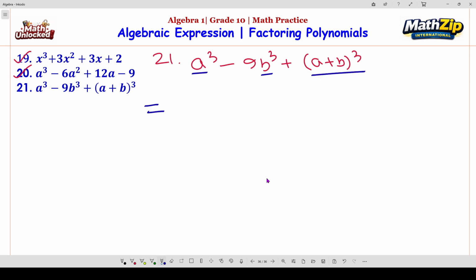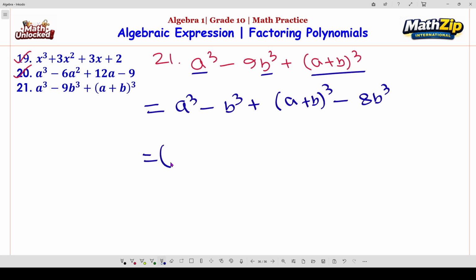So first we have to simplify this one. Like a cube minus b cube we can write, then plus a plus b whole cube minus 8b cube we can write, because minus b cube minus 8b cube will be minus 9b cube.